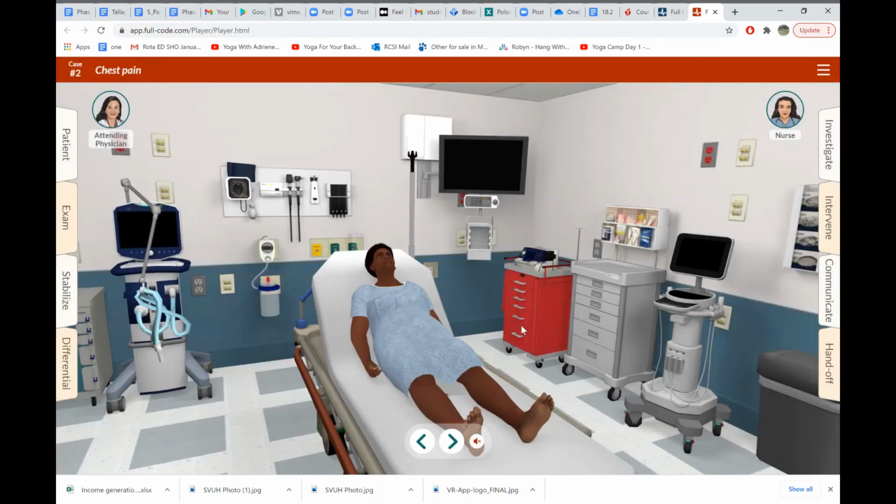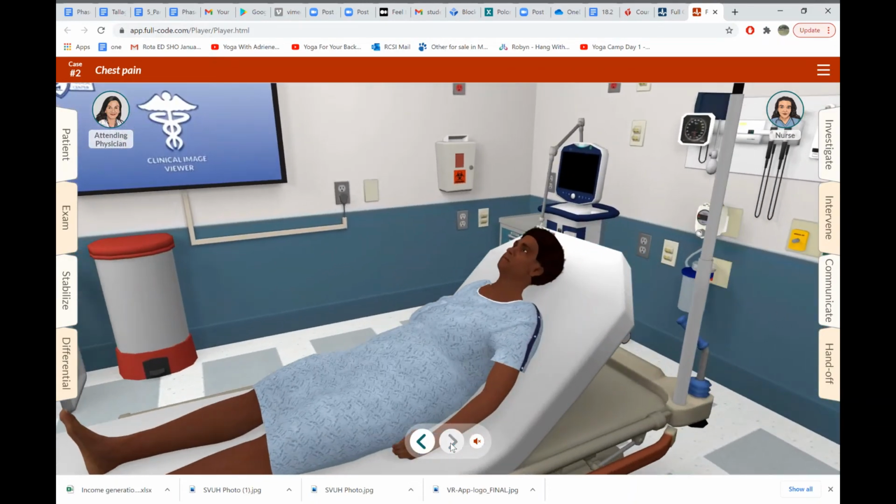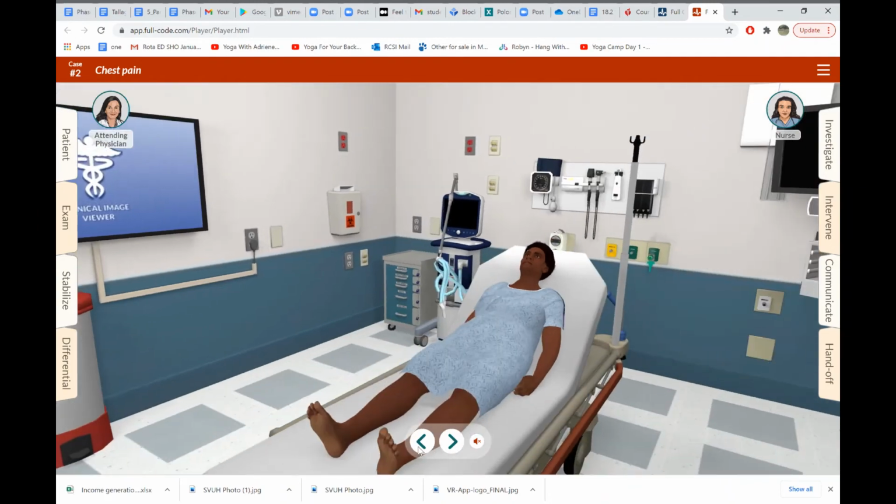So first of all, it looks quite nice. It's a nice setup. Now there isn't full control to move around the room. You can go to the right of the patient, the left of the patient, right up to the side of the patient, and do that on either side.